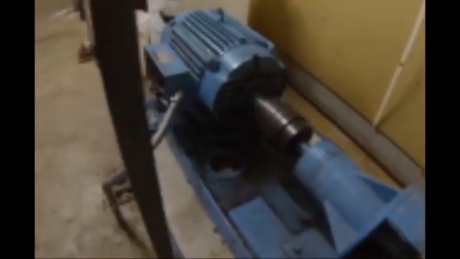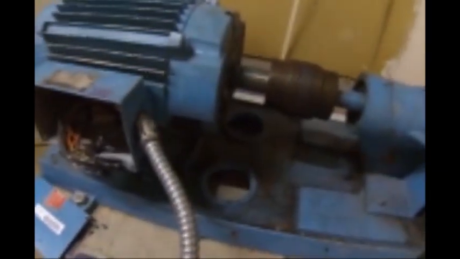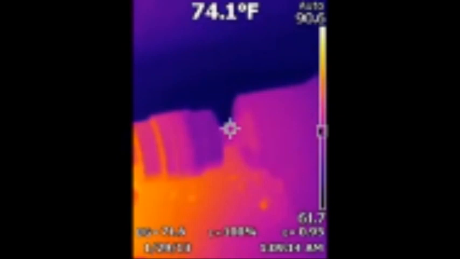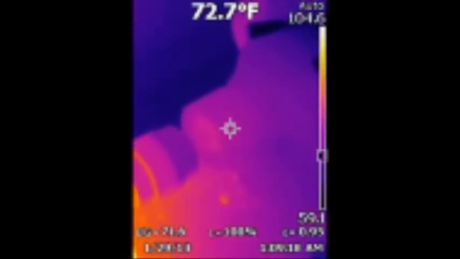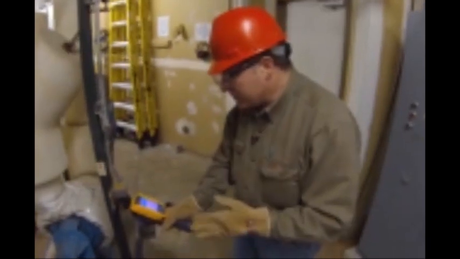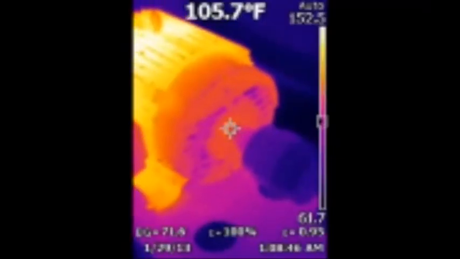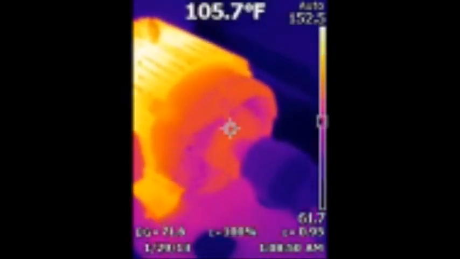All right, you have to be a little bit careful when you're taking a look at couplings and shafts and things like that, because they tend to be a shinier metal, a lower emissivity material. So sometimes you can get reflections off of them that aren't really there and aren't indicative of the actual heat. In this case, I'm not seeing too much going on. I see a little bit of extra heating on the motor side of the coupling, but that could be an emissivity issue.